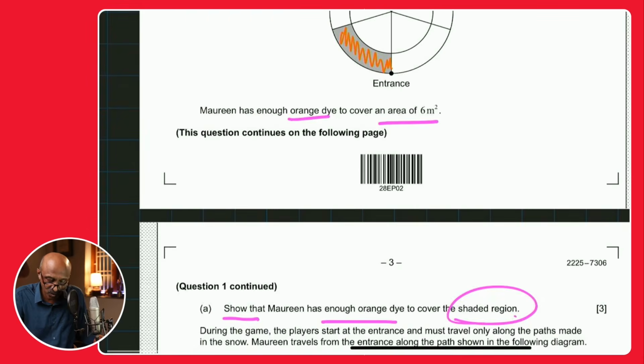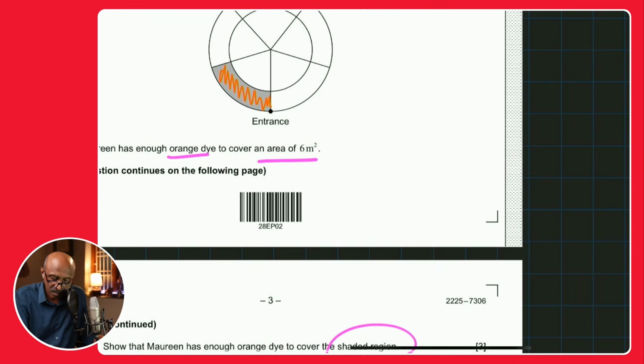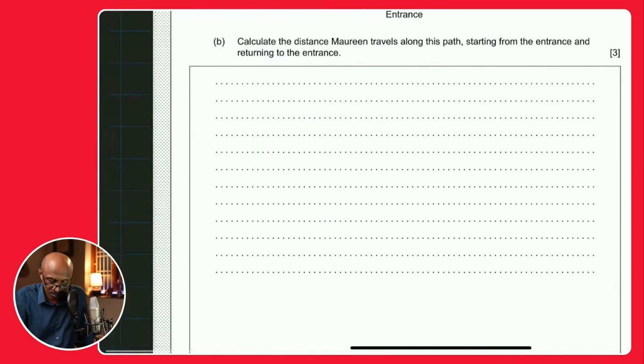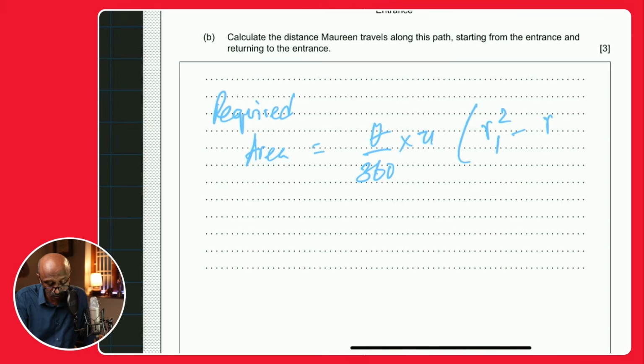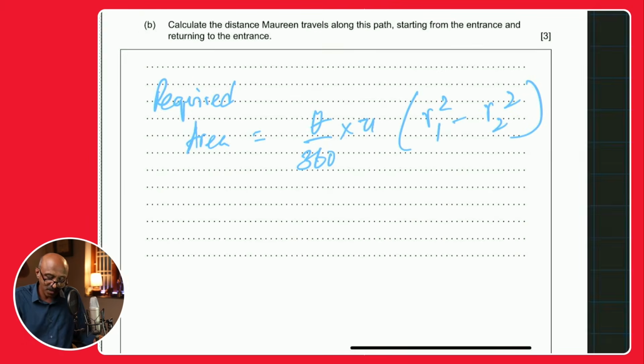So what's the formula we're going to use? I'll put that here. So the required area is going to be theta over 360 times pi times (R1 squared minus R2 squared), where R1 is the radius of the outer circle, R2 is the radius of the inner circle.